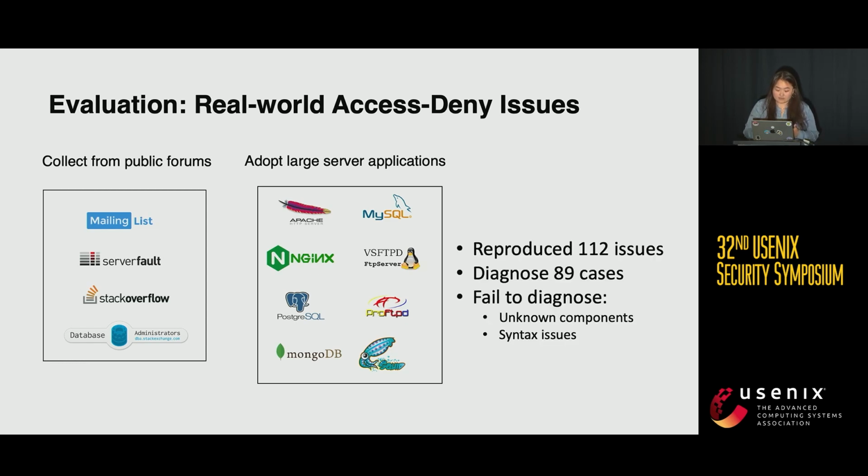We successfully reproduced 112 issues, and we're able to diagnose 89 of them. There are cases we cannot diagnose because they might involve unknown components, such as third-party authentications or USENIX, which we did not annotate. And sometimes those issues might be syntax issues caused by configuration updates, and then we cannot mutate the configuration if the rule has changed.